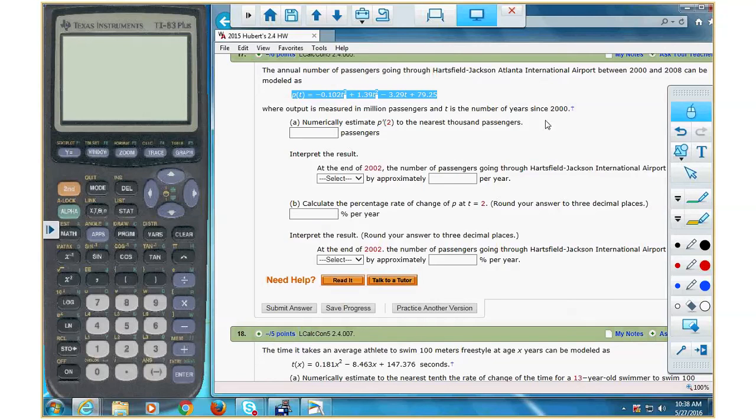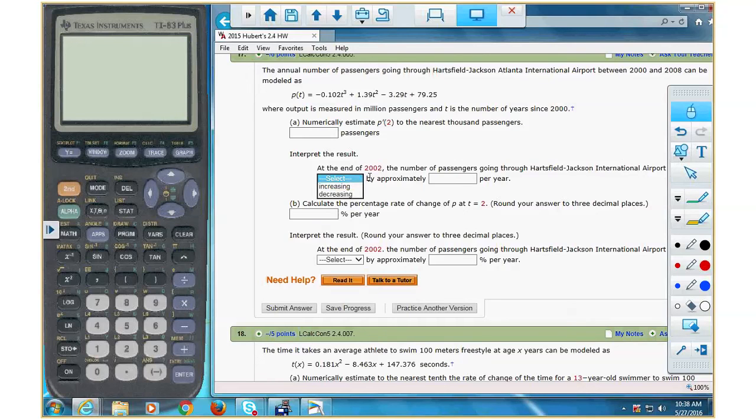That's what you're going to plug it into, and that'll give you the answer. Okay. Interpret the result. At the end of 2002, what's happening?